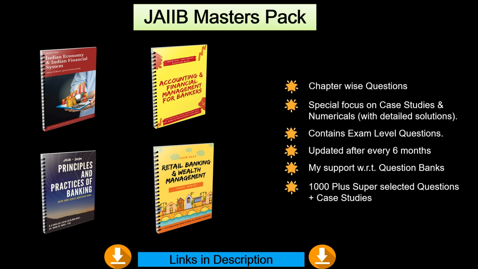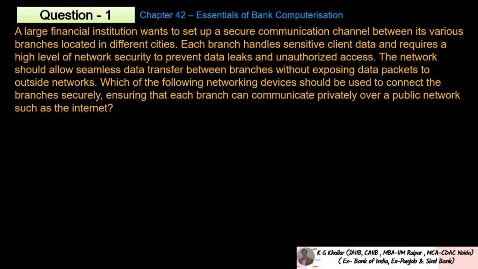So let's start with today's mock test. And the first question is from chapter 42, that is Essentials of Banking Computerization. And the question goes like this. A large financial institution wants to set up a secure communication channel between its various branches located in different cities.